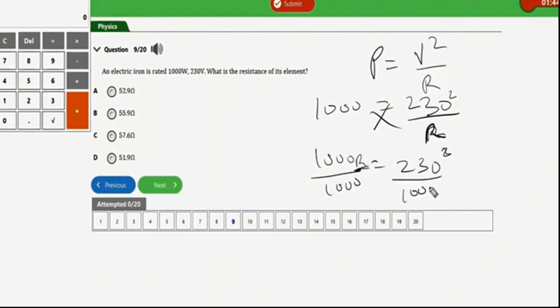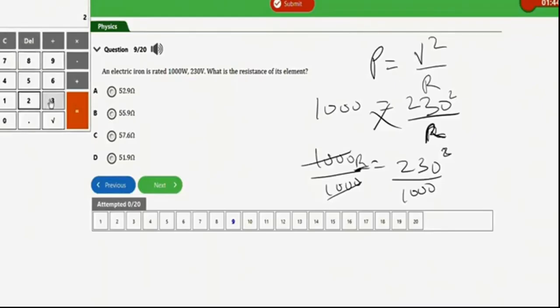So the R will be, when you punch here, 230 times 230. Okay, divide this by 1000. Sorry, let me write this way.